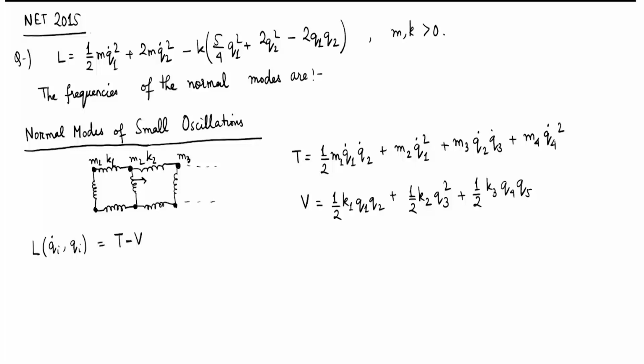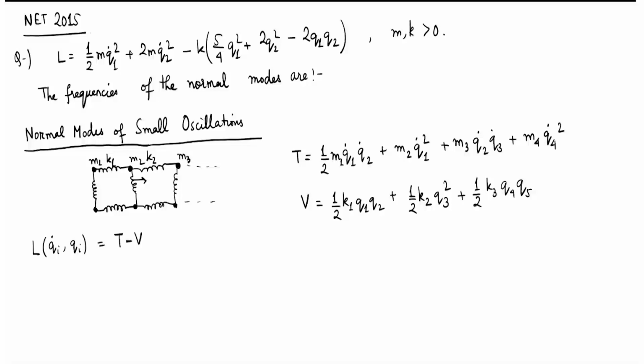So this potential is also a quadratic form, of the form half k x1 x2 or half k x square. But the problem is that these terms are mixed terms. They are all coupled with each other. That is very difficult for further calculations.